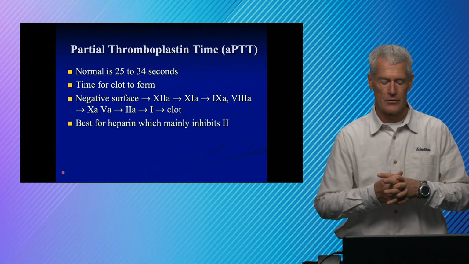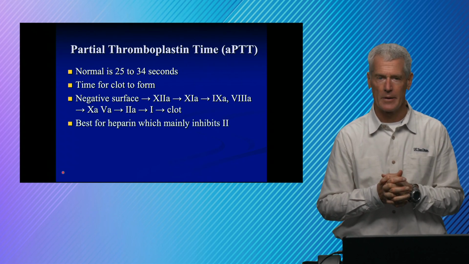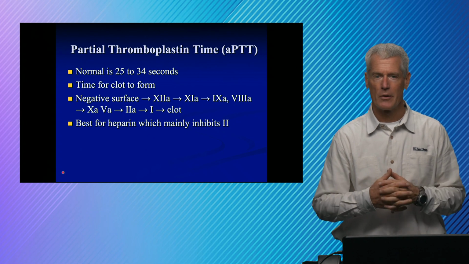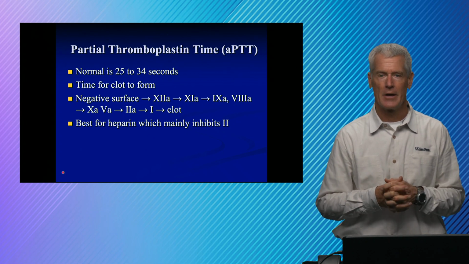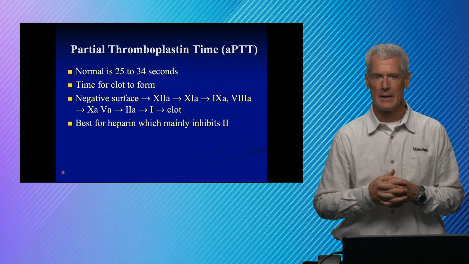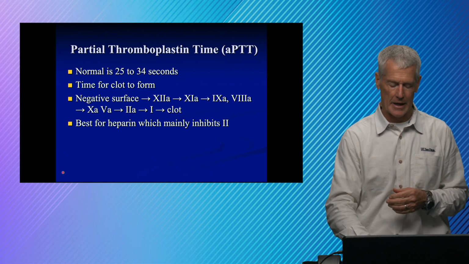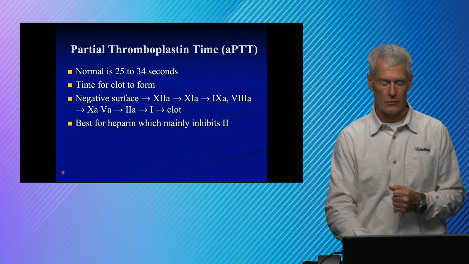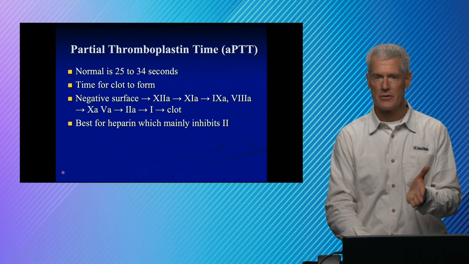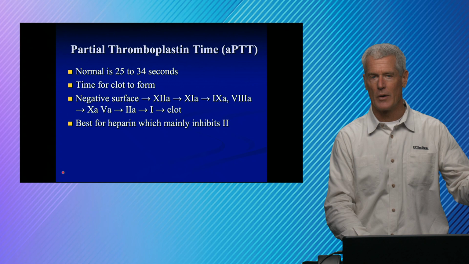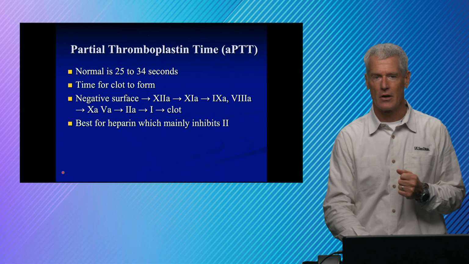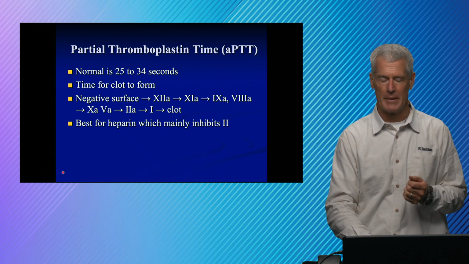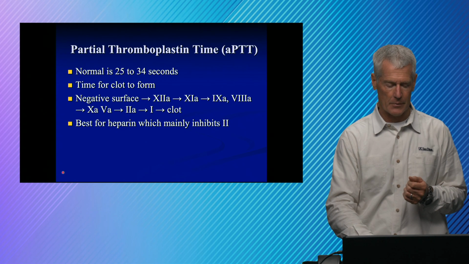This test is best for monitoring heparin. So patients that are on heparin therapy get a PTT. Patients on Coumadin get a PT and an INR. Heparin is mainly acting through 2A, and as you remember, 2A feeds back to amplify 12A, and so that's why this test is better for monitoring heparin.